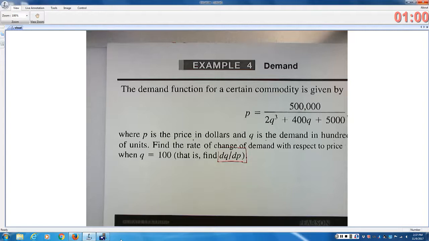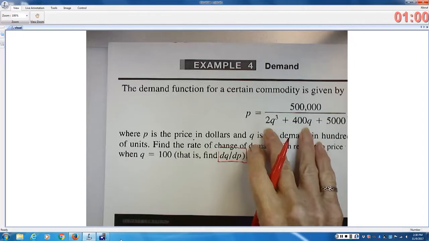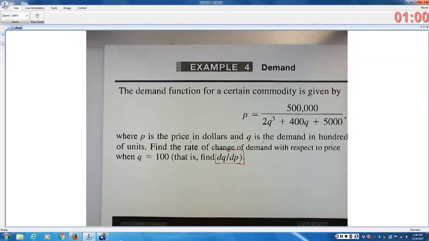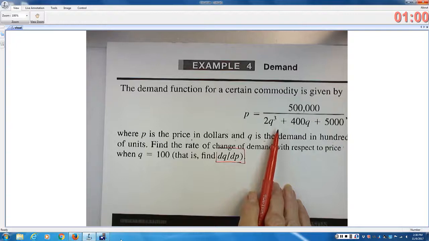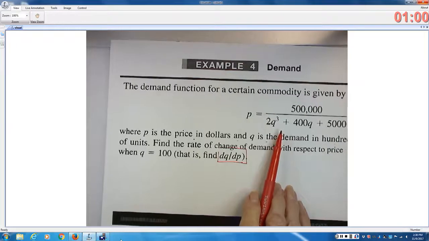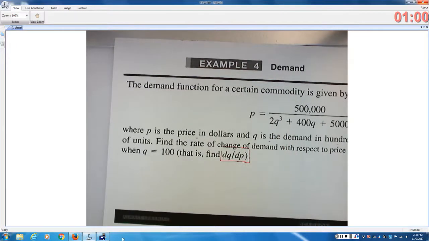I'm betting you can't, because your Q's showing up here in two different terms. So you really can't. You're going to have to use implicit differentiation on this one, because I'm not asking you to find P prime. I'm asking you to find Q prime. So we do have to use implicit differentiation.